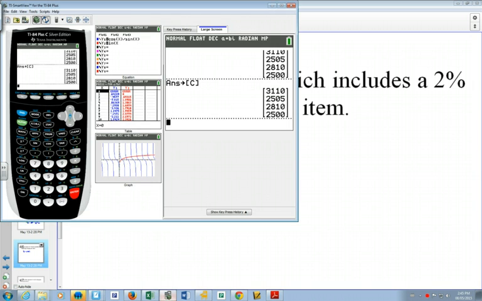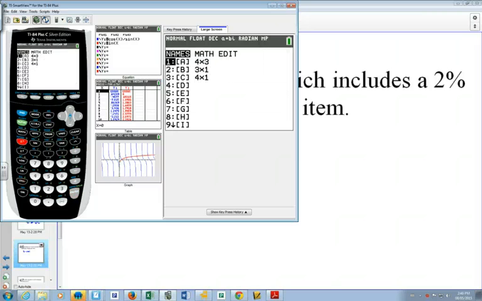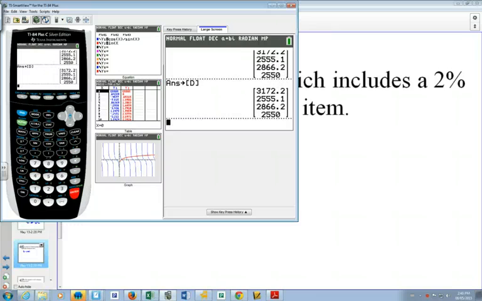We can go to our calculator, go 1.02 times matrix C, and now we have the cost of all those. And if we need this for later, we can store it as matrix D. And now all that information is stored in our calculator.